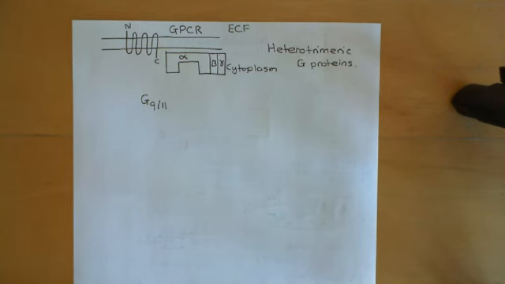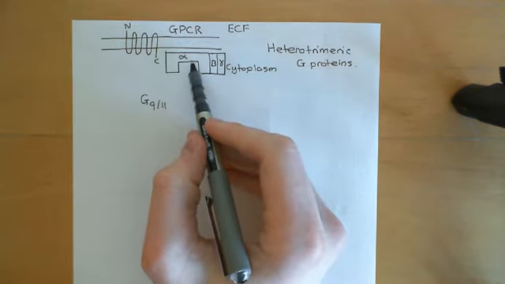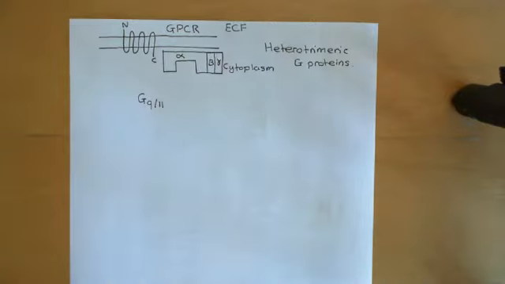So the naming of a heterotrimeric G-protein is completely determined by which alpha subunit you use, not which beta or gamma subunit you use. The reason for that is that the signaling properties of the heterotrimeric G-protein seem to be completely determined by which alpha subunit you use and not which beta and gamma subunit you use. So there is a logic in just naming heterotrimeric G-proteins according to which alpha subunit they have.